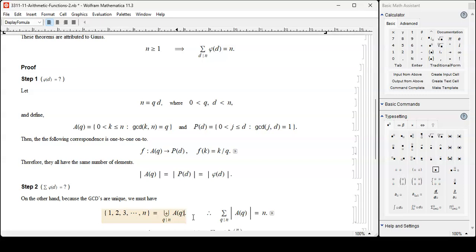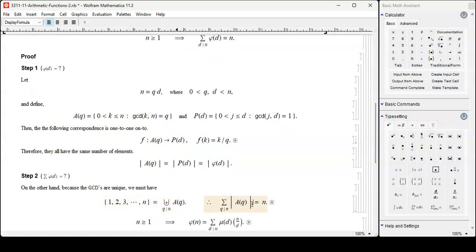So with a disjoint union, if you take the number of elements, then this is just the sum of the numbers of elements, and the left-hand side is n. Maybe I should have written this as n is equal to, and then like this.